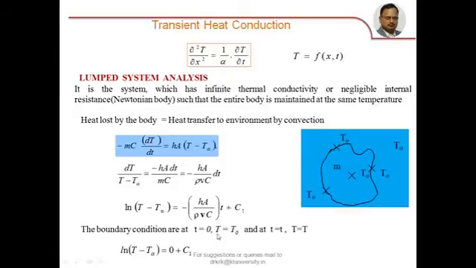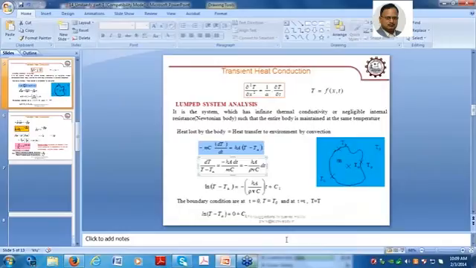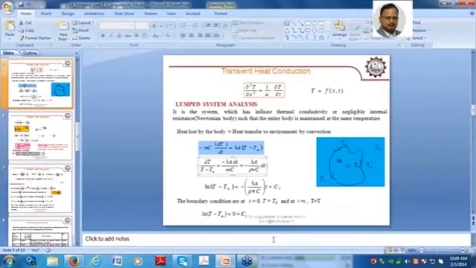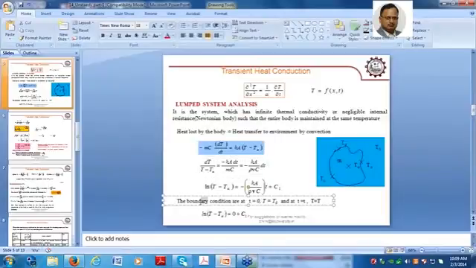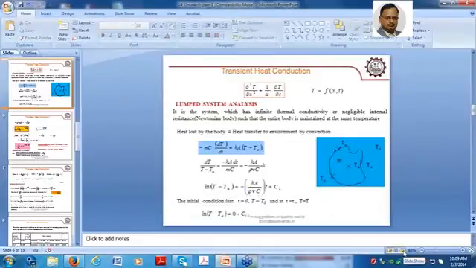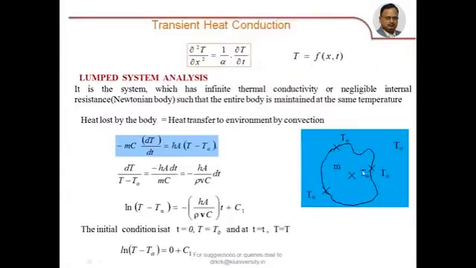Now to evaluate this constant C1, we apply the initial condition, that is at a time t equal to 0, the temperature T is equal to T0. At time t equal to 0 seconds, we are assuming that the body temperature is T0. And at the time t equal to t seconds, let the temperature be T. That is what we have taken.